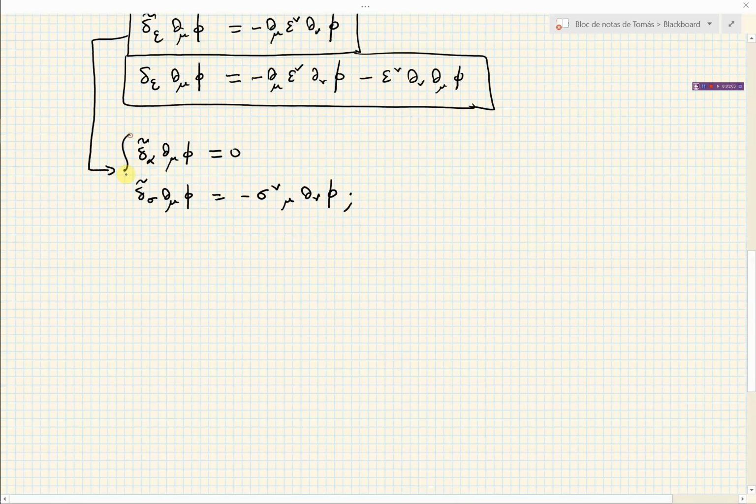Okay, so if now we construct a Lagrangian that depends only on phi and the derivatives of phi, the total variation of this Lagrangian under spacetime translations will always be 0.